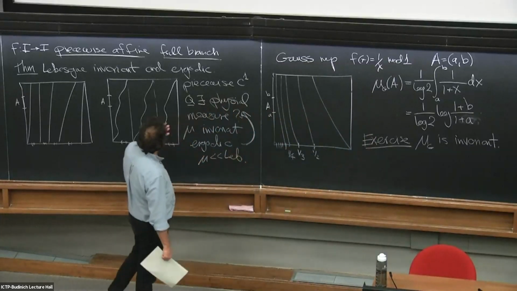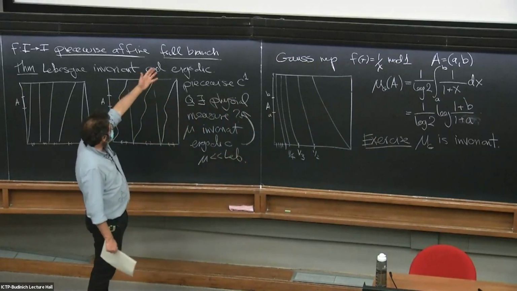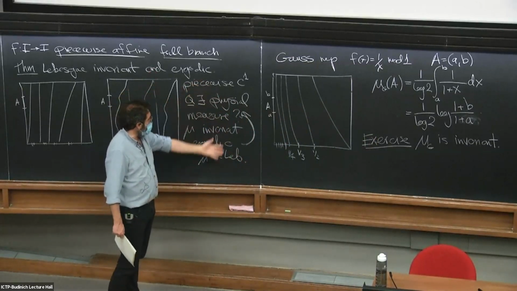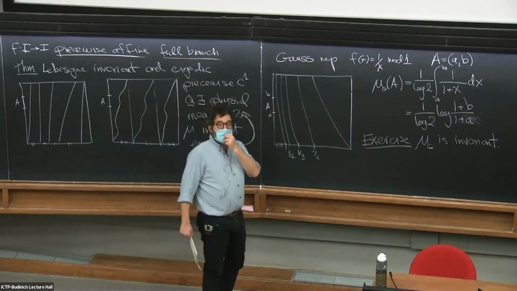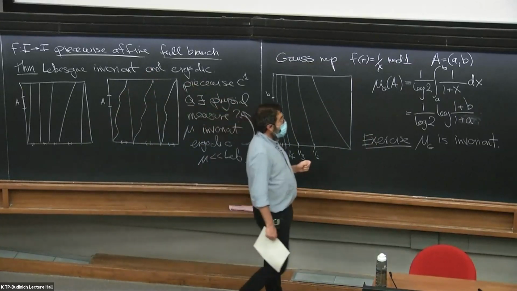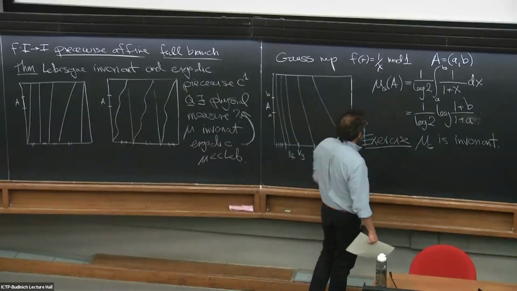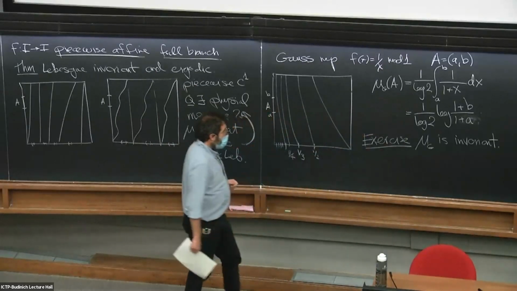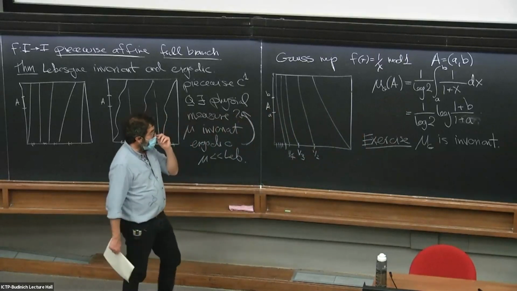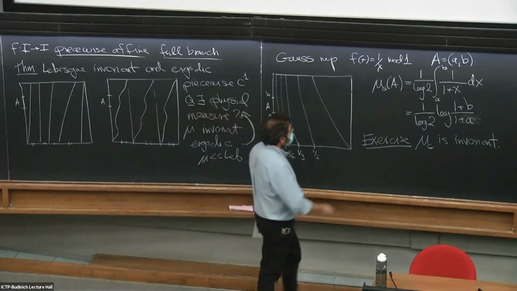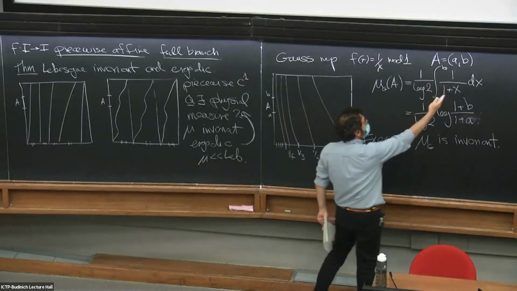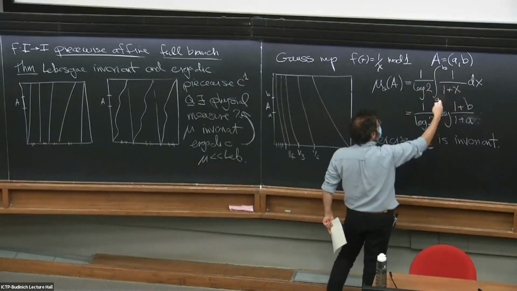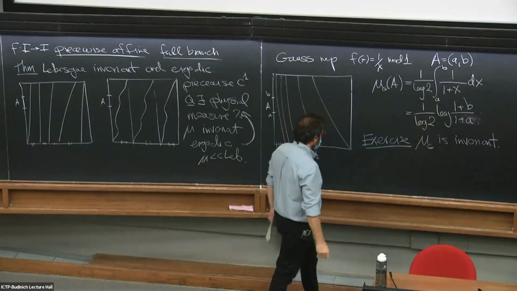So we're interested in the general case in which we have a full branch piecewise C1 map. This is an example of such a map. In this particular case, we have explicitly this invariant measure we can check. And this invariant measure is clearly absolutely continuous with respect to Lebesgue because it's given by this density, right? So if you take a set of zero Lebesgue measure, it must have zero measure.